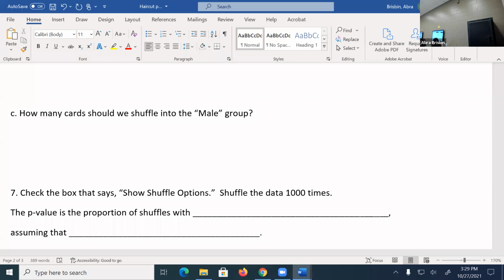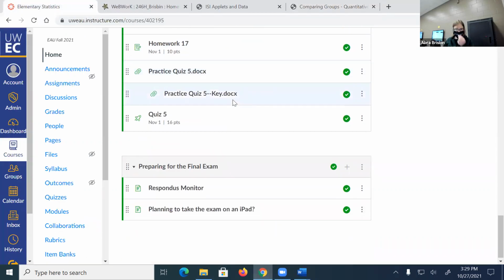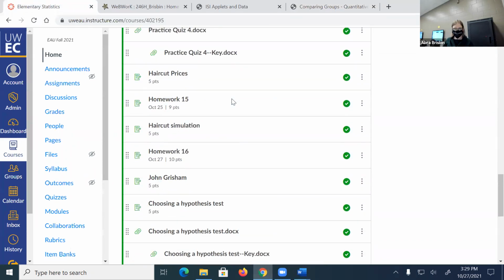Check out whether John Grisham uses longer sentences in his books for adults than in his books for teens. So for folks watching the recording later, this is the John Grisham activity.